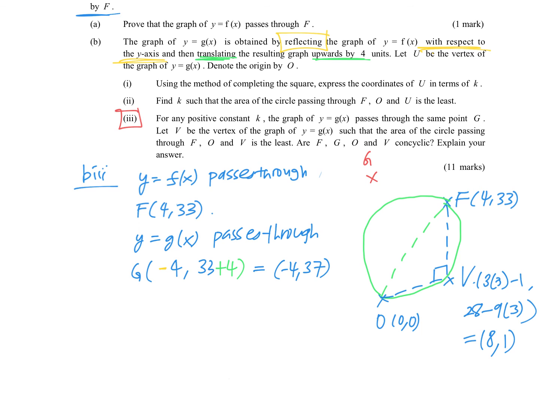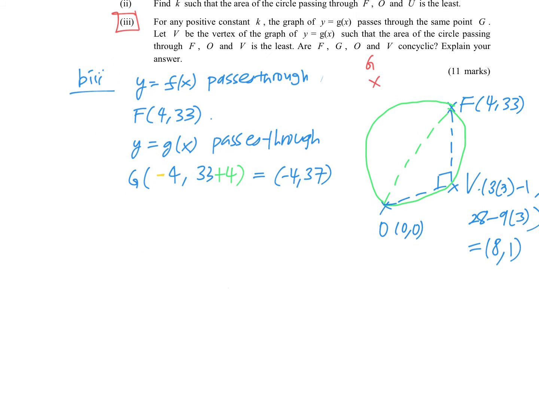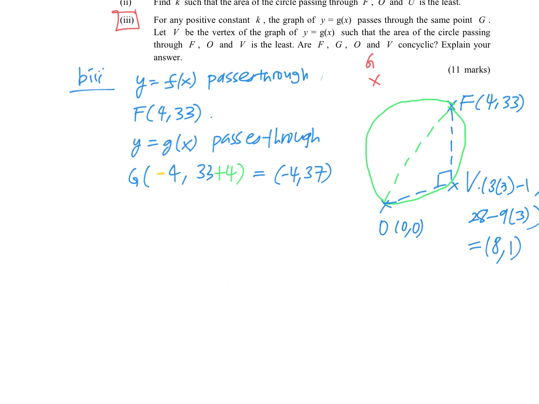So we just try to use, is this a right angle? If this is a right angle, don't forget FO is a diameter of the circle, then that means FGO, if this is 90 degrees, this angle is angle in semicircle, and otherwise G is not really on the circle, it is outside the circle.